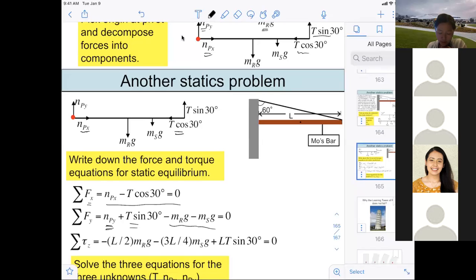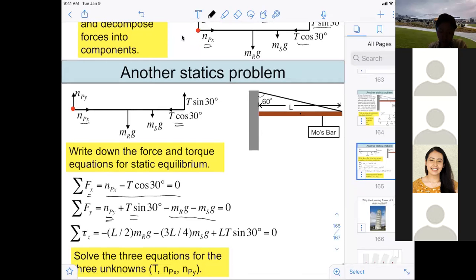All right. In the torque equation, again, we would like to pick the hinge as our rotation point. So there is no torque from the hinge that needs to be added. So the weight, the distance for the gravity of my beam, the rod, is L/2, right?